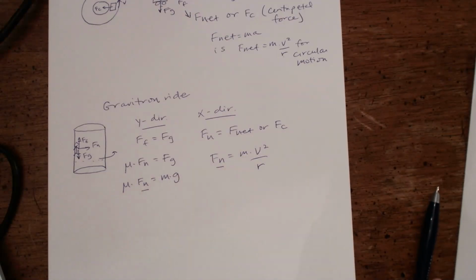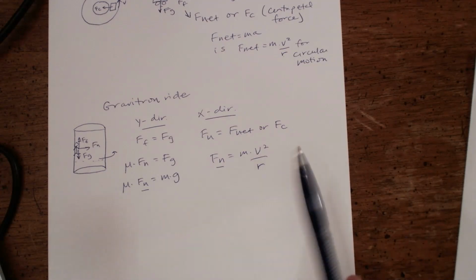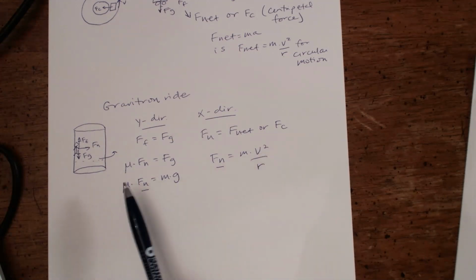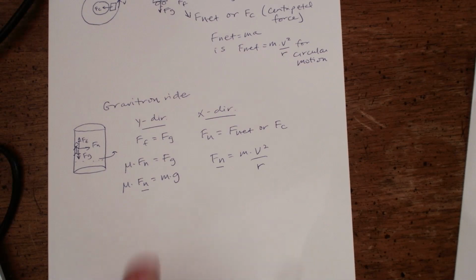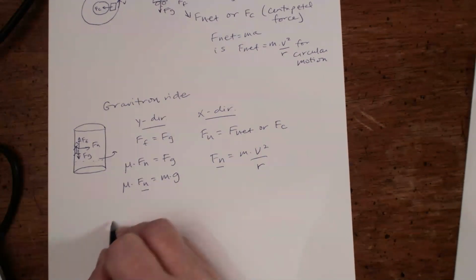Okay, so again, I'm not going to go too much further here just because I don't want to do the entire problem for you. But I think that might help you out in terms of solving for something. You could use this to help you solve for velocity if you didn't have it, or mu if you didn't have it. And remember, two more important points I want to make here.